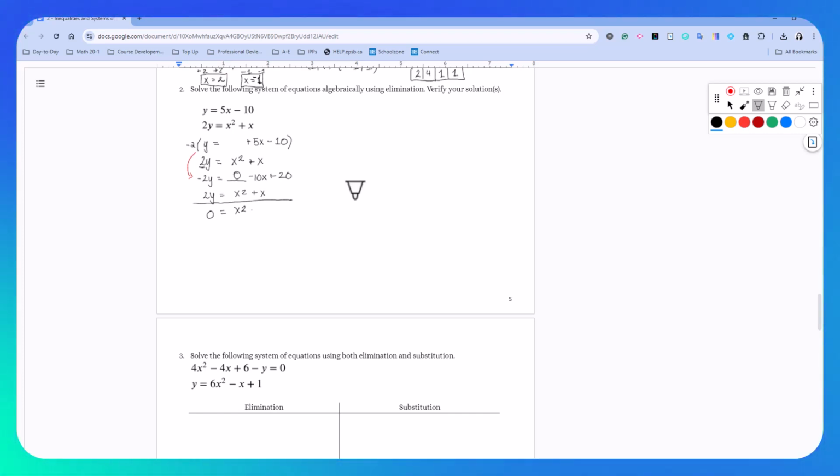Negative 10x plus x, well, that's negative 9x. And 20 plus 0, because there's nothing in this spot, is 20. Now we're back to the idea that we're going to solve to find x. So we've lined up everything and multiplied to eliminate.